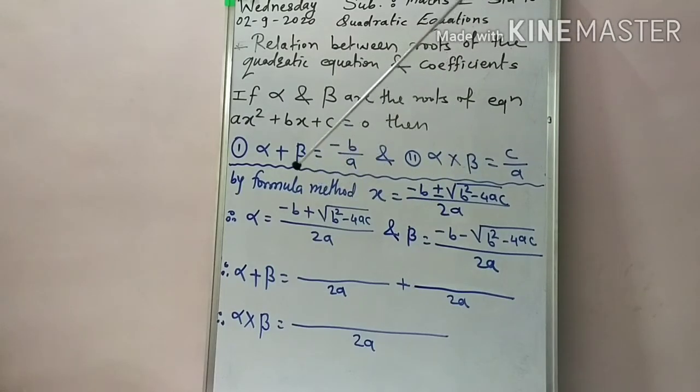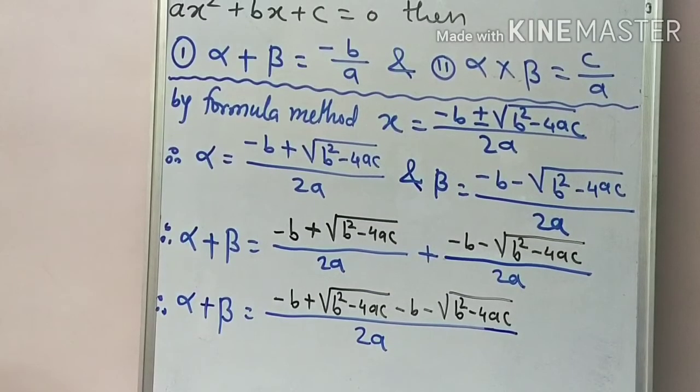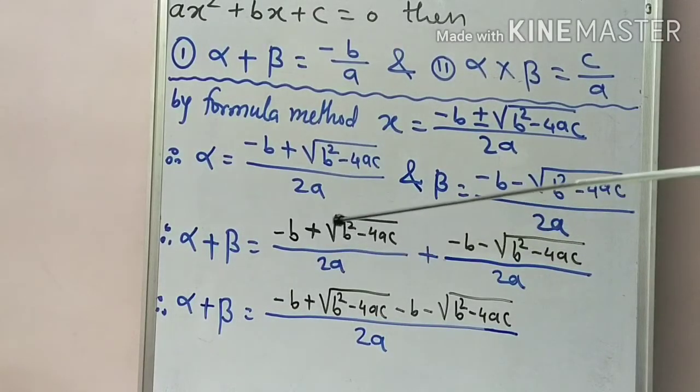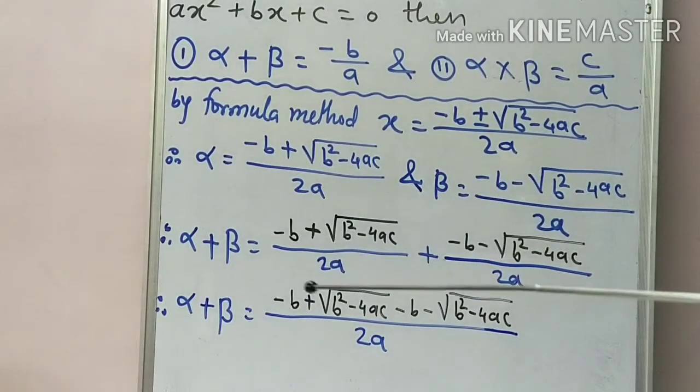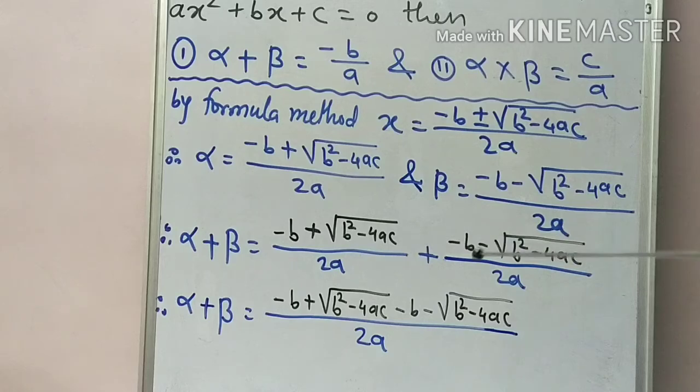Now to get the relation, first we do the addition of the two roots, alpha plus beta. So here we write alpha plus beta equal to, now we substitute the values according to the coefficients and then simplify it.